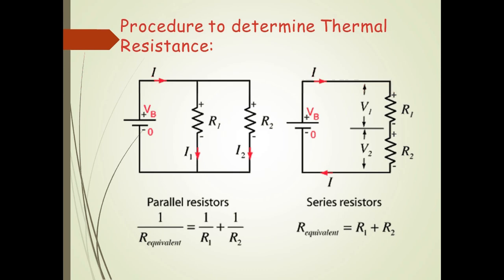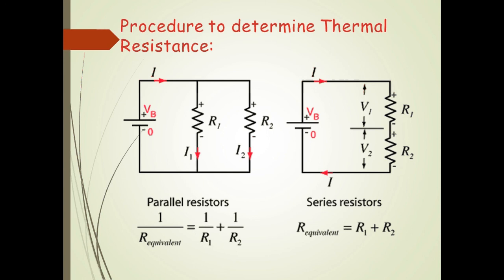So how to determine thermal resistance? We can determine thermal resistance by applying laws of resistors. If we connect two resistors in series or parallel, then the same laws we will implement to determine the equivalent resistance. In the first figure, resistors R1 and R2 are connected in parallel.